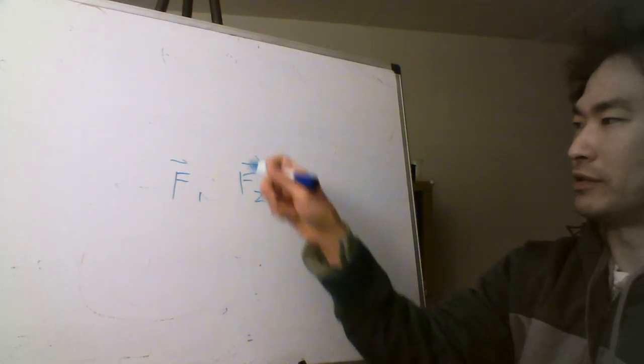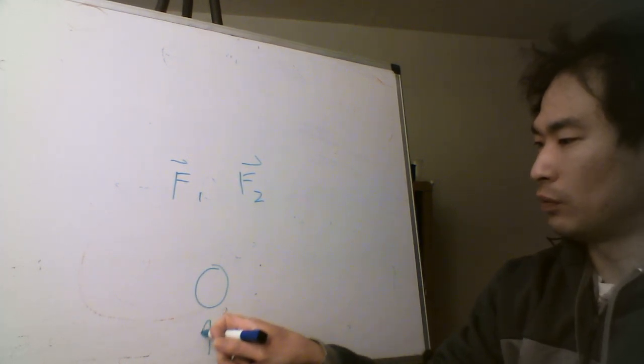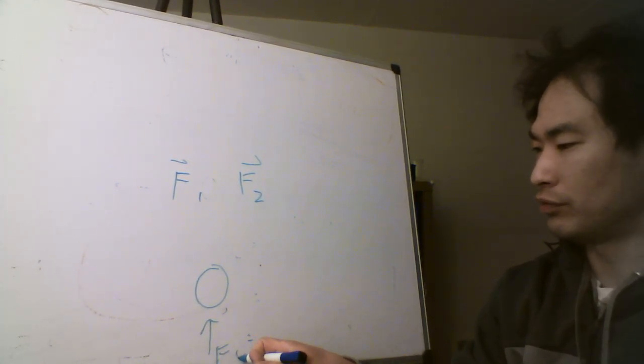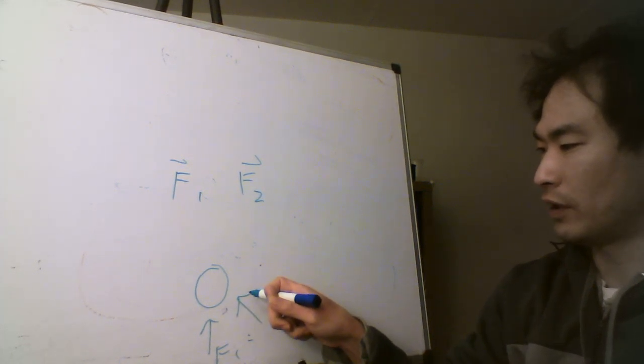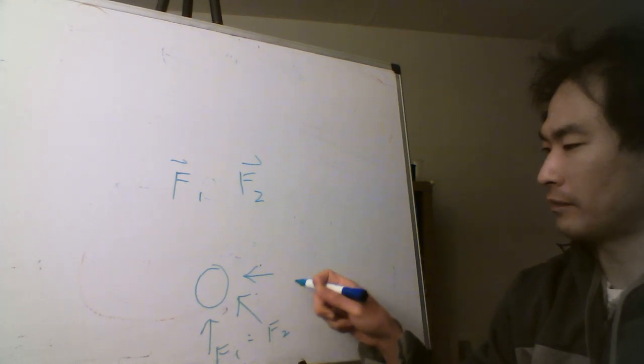We are doing vector summation. So you have one body. It's all push for now. F1 pushing this way, F2 pushing this way, F3 pushing that way.